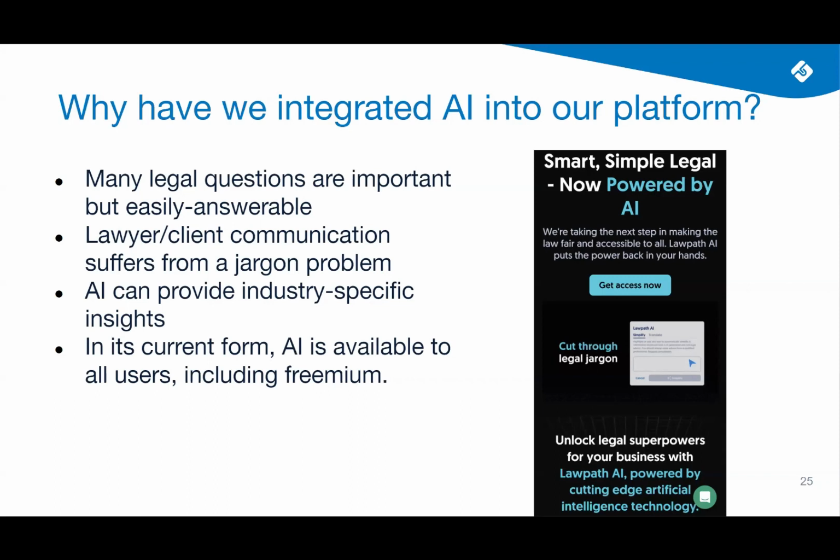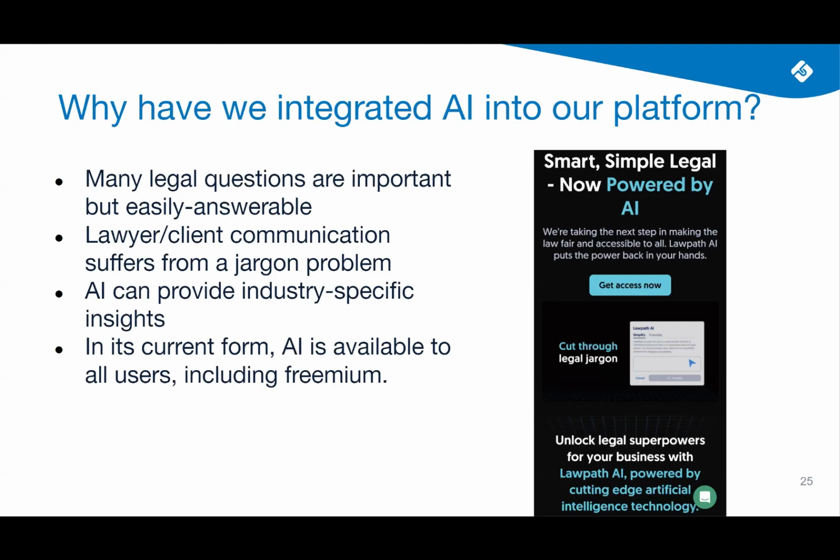So a lot of people will seek quick responses to questions. Sometimes you can't get a quick response because your circumstances may be complicated. But if you have an abstract question for which guidance is provided on a government website, AI will be helpful in letting you know what the answer to that question is.